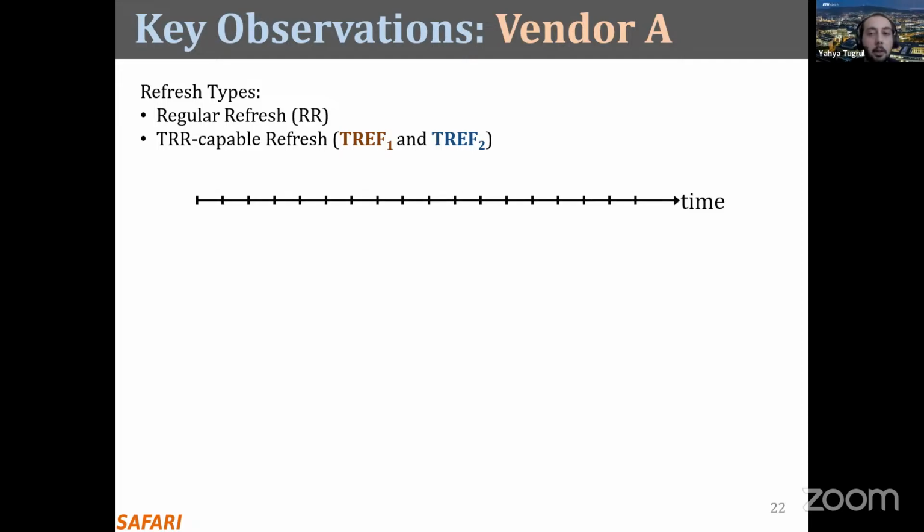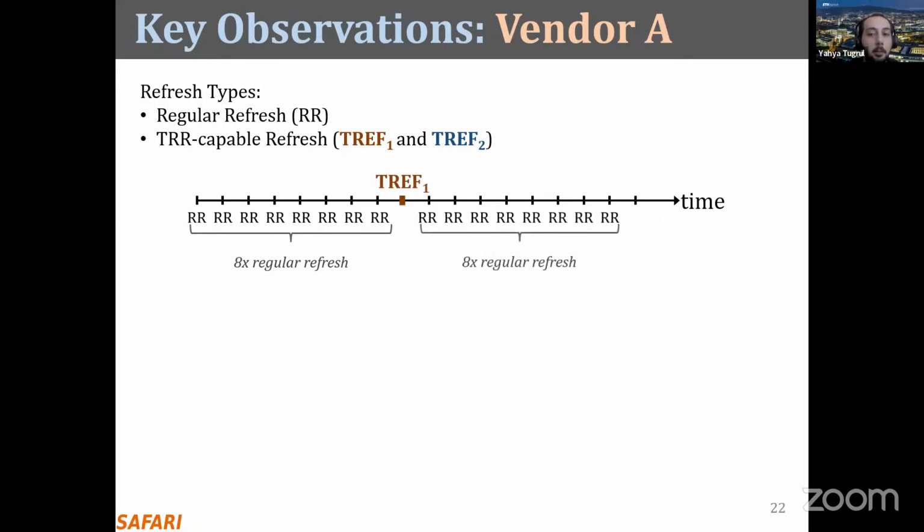In this timeline, each tick represents a refresh command that the memory controller issues periodically. During the first 8 refreshes, the DRAM chip performs regular refresh operations. And on the 9th refresh, the TRR mechanism performs TRF1.